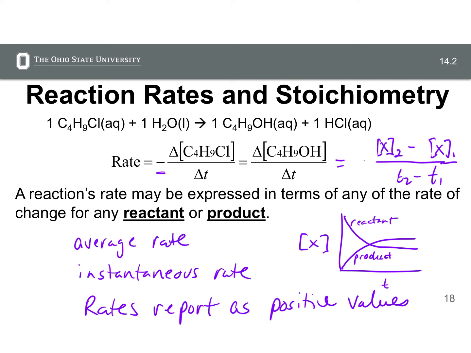This is going to be dependent, though, on the stoichiometry. Okay, so that's 1 to 1, so that's why the rates are the same. Now the difference is the sign, right? So again, decreasing and increasing. This is the slope of the tangent.